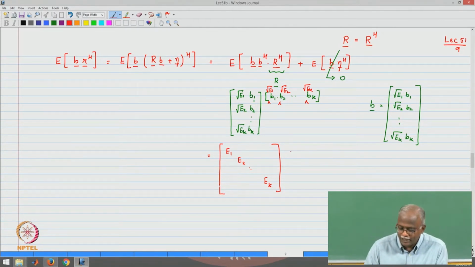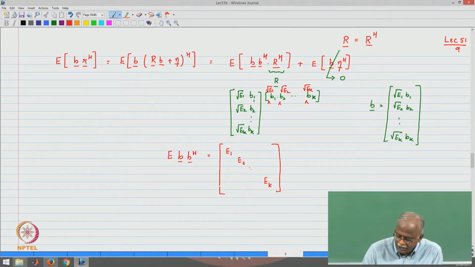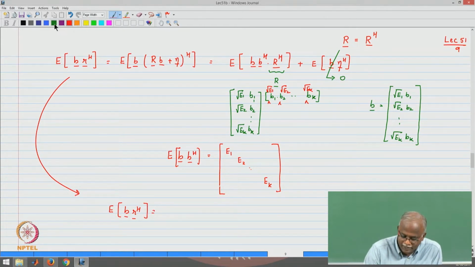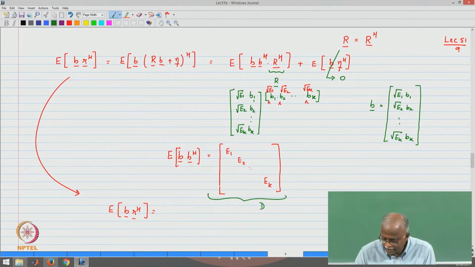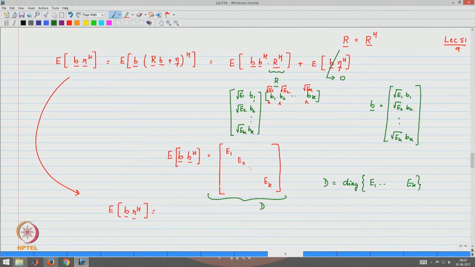Therefore, the off diagonal terms become 0. So, expected value of B B Hermitian is given in this form. This equation now becomes expected value of B times R Hermitian, and if you were to call this matrix D, where D is a diagonal matrix whose entries are E1 through Ek, then this becomes equal to D times R.